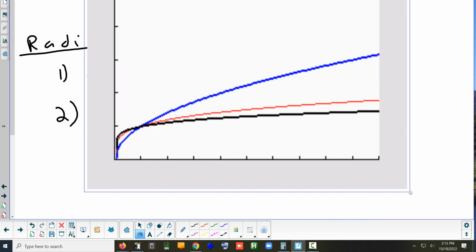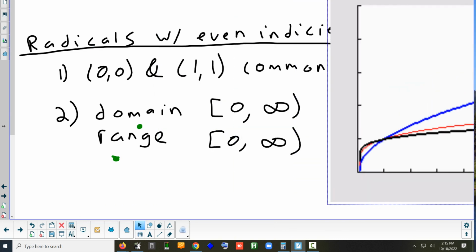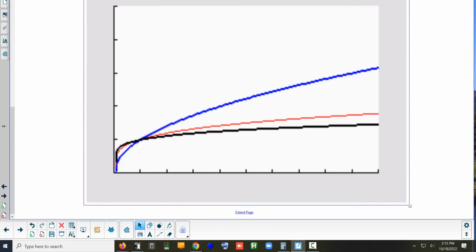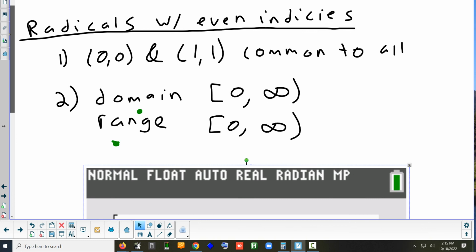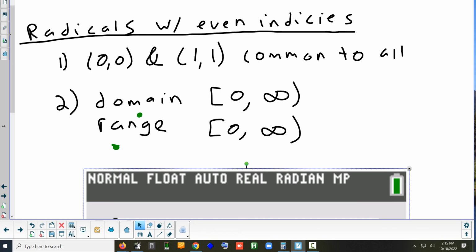First of all, it looks like they all go through a certain point. And they do. They all start at the origin, 0, 0. And they all go through the point 1, 1. 0, 0 and 1, 1 are 2 points that are common to all even roots. They all go through the origin, and they all go through the point 1, 1.